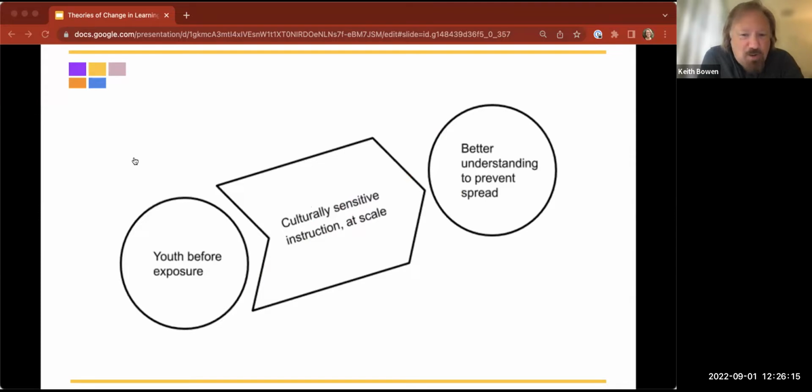In its early version, her theory of change, which was informed by the learning sciences, was that culturally sensitive instruction taken to scale would lead to better understanding as well as better prevention. Combining research and insights from the learning sciences with iterative design methodology, she and her team did come to some useful breakthroughs.